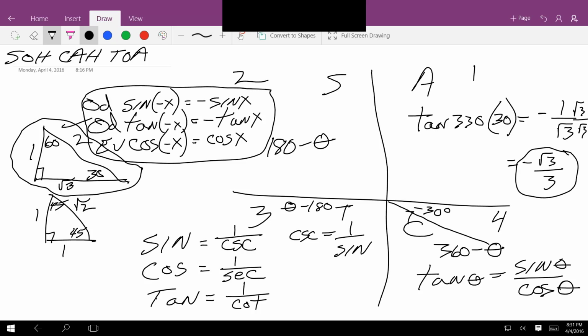So you'll have a fraction divided by a fraction, and it'll end up being square root of 3 over 3 with a negative sign in front. It's just that it's easier to do it from these two right triangles, these basic angles like 30, 45, and 60 degrees. The easiest way to do them is to memorize these two triangles over here.